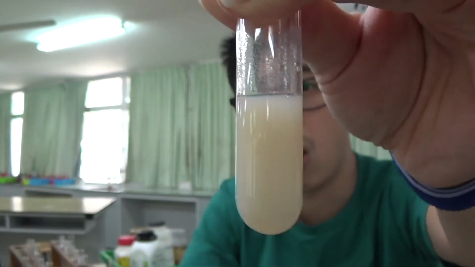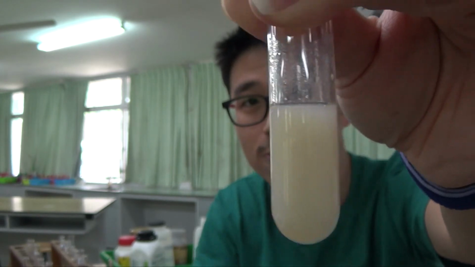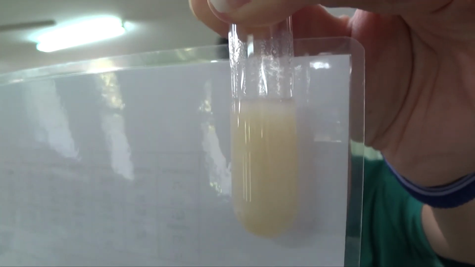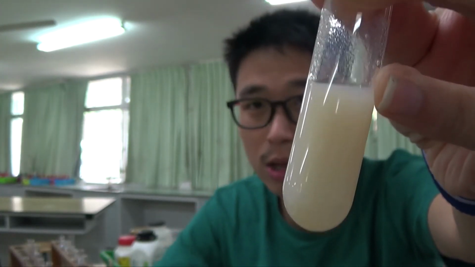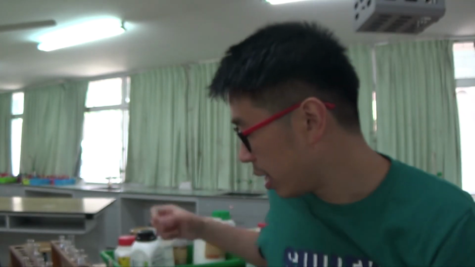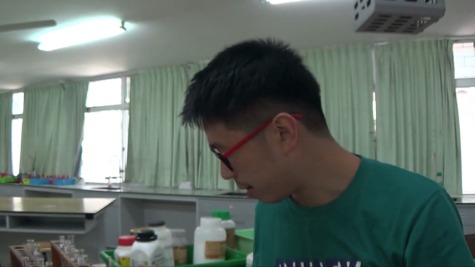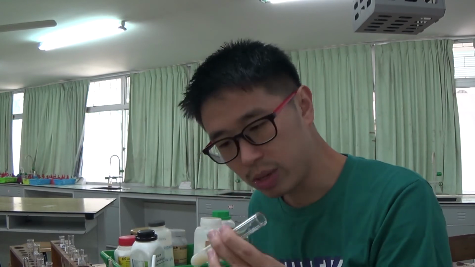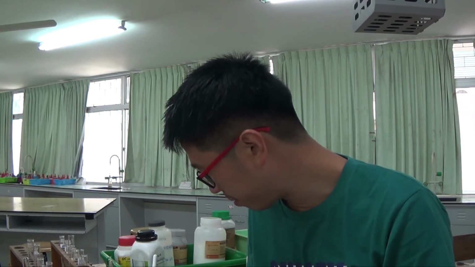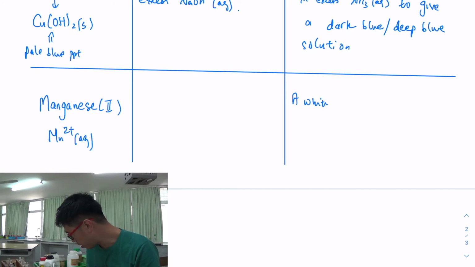It's not a white precipitate, it's more like an off-white precipitate. Some call it cream, some call it coffee color, but in the qualitative analysis table provided in A levels, with ammonia you get a white, or you can say off-white, ppt observed.